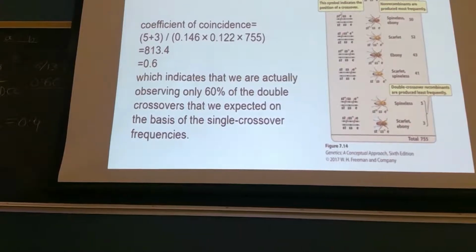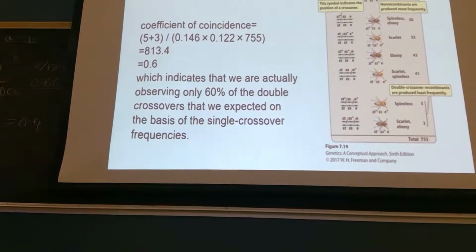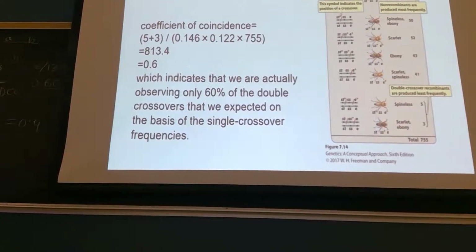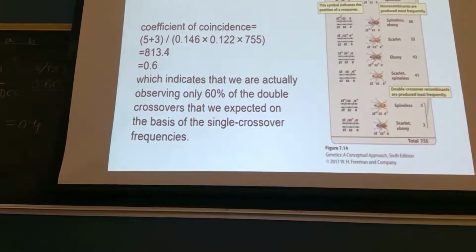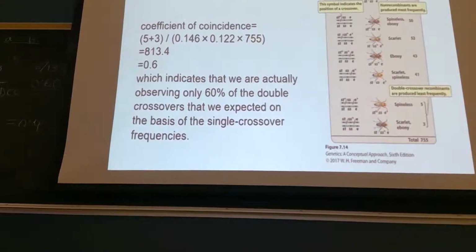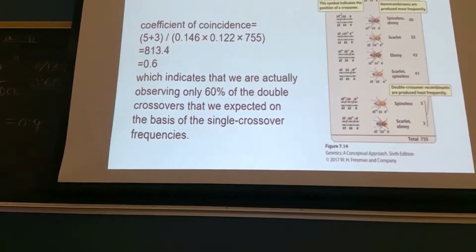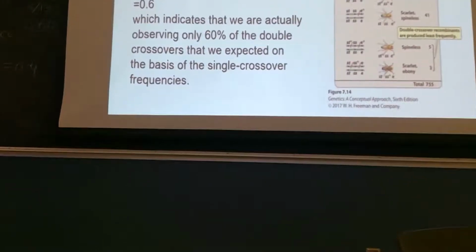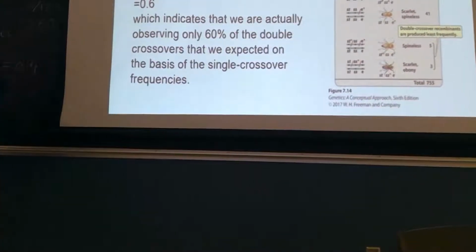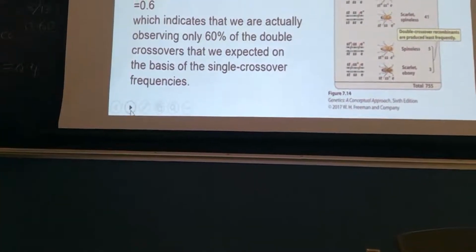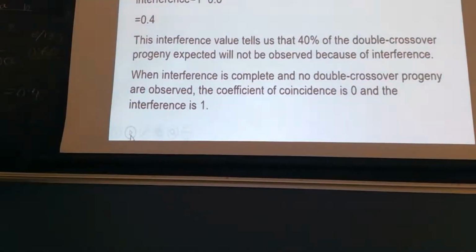It means there will be no double crossover at all. If the interference is 0, we'll have all the expected double crossovers. That's why we need to do this calculation. A little bit of math.